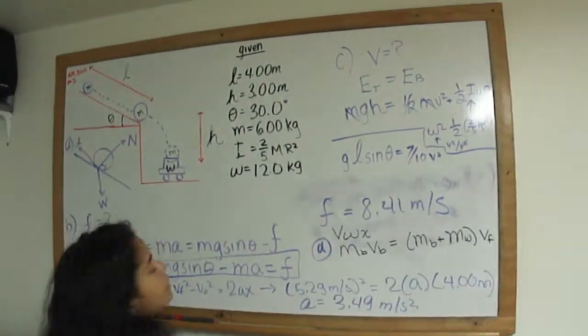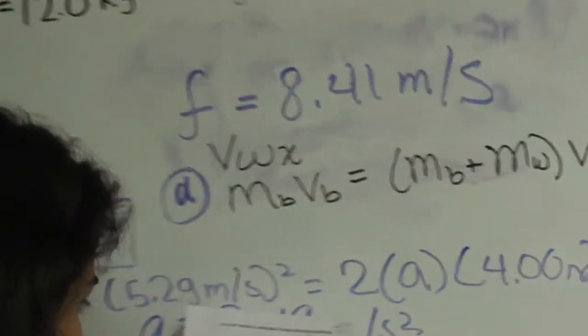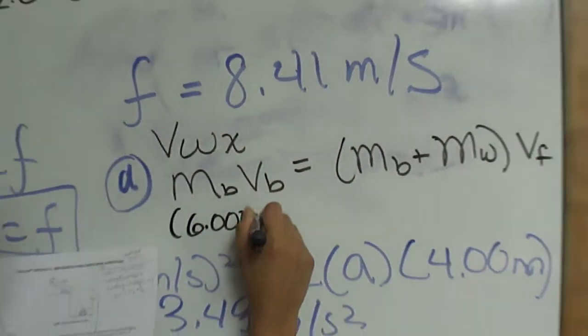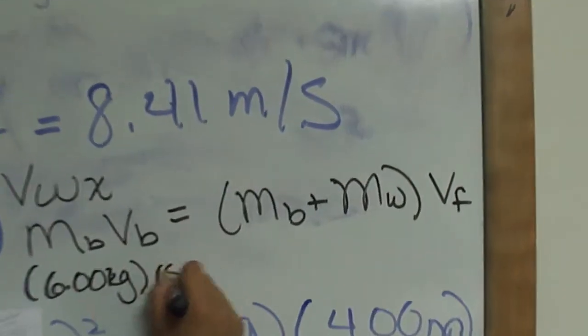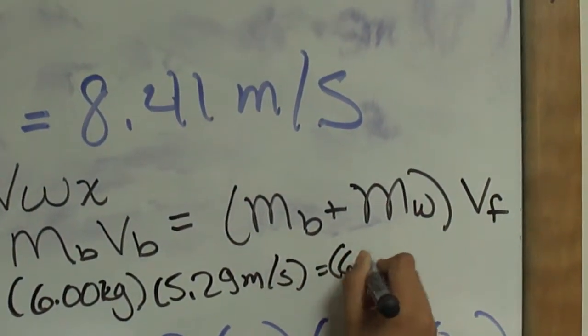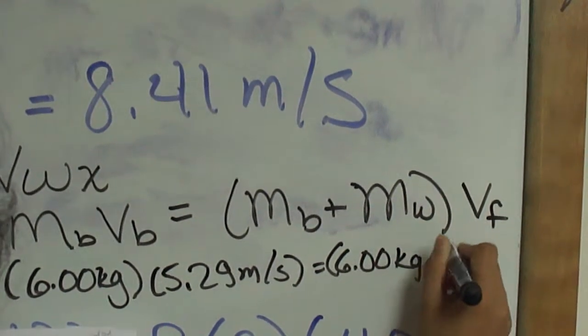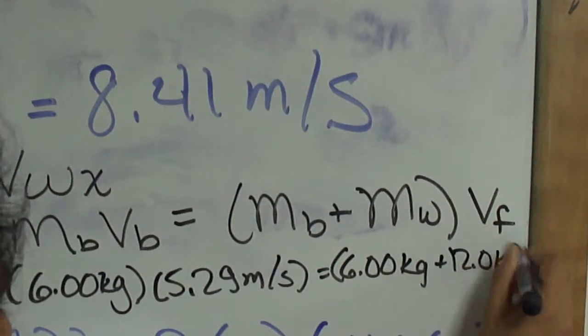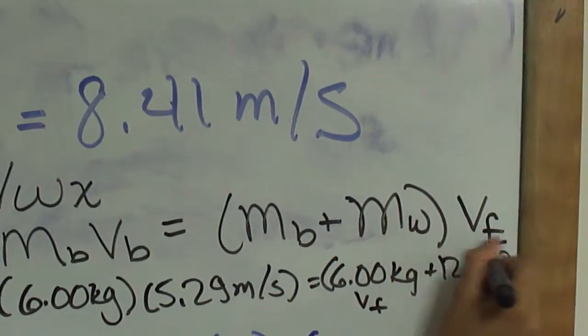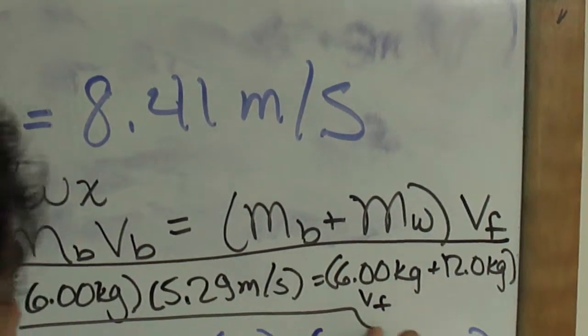It's an inelastic collision. We just plug in the numbers: 6.00 kg times 5.29 meters per second equals 6.00 kg plus 12.0 kg times V final. So this is our equation.